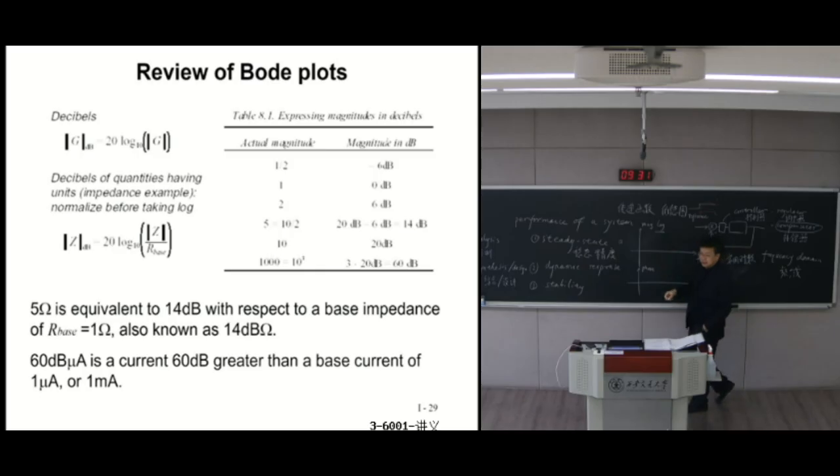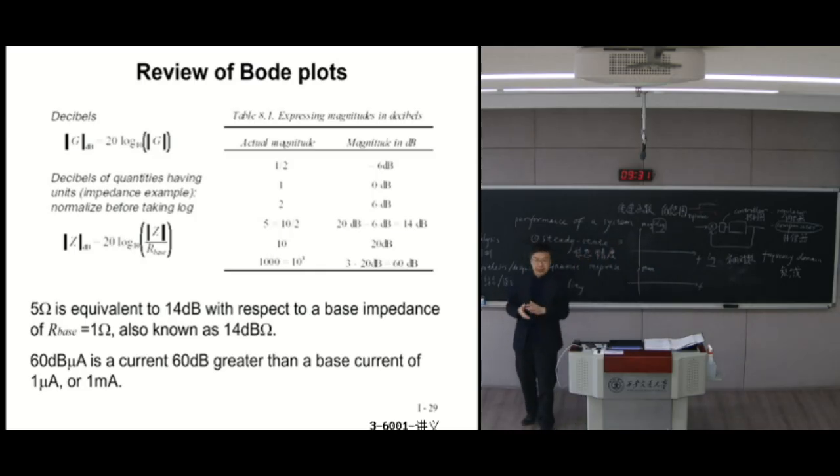But the vertical axis is not pure log. There is also a 20 multiplied by the logarithm. So we use such a picture to represent the magnitude of a transfer function.